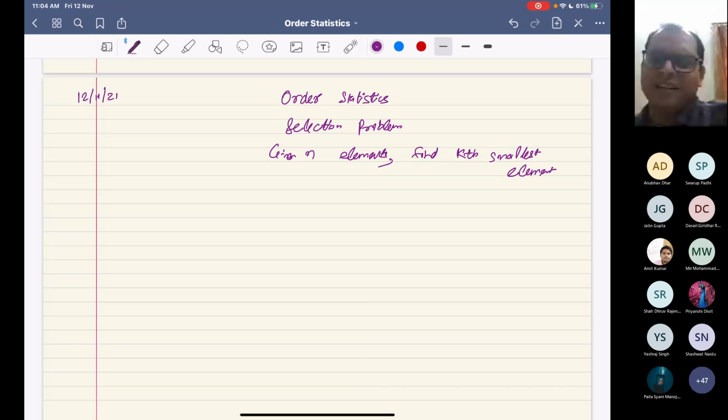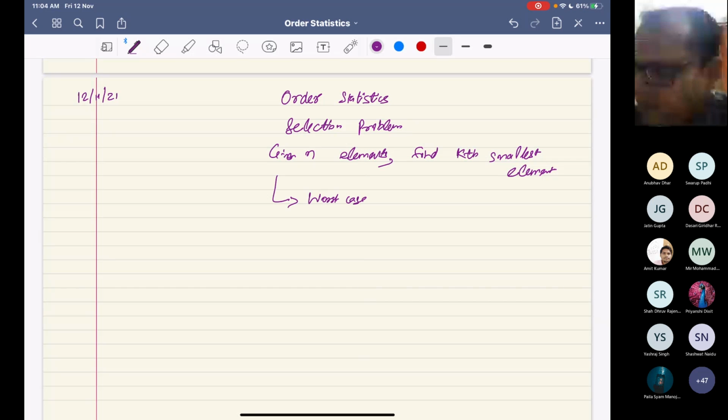And what we found is that for this task, we actually have a worst case O(n) algorithm. That was something we did not know before talking about order statistics, that we can actually have an order n worst case algorithm for this.